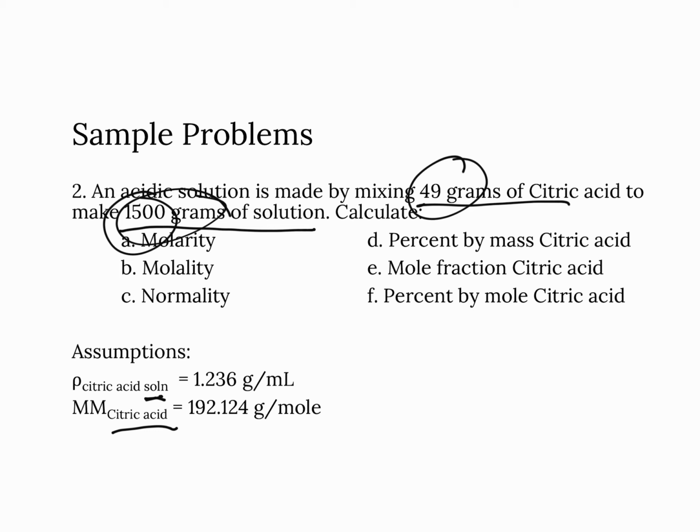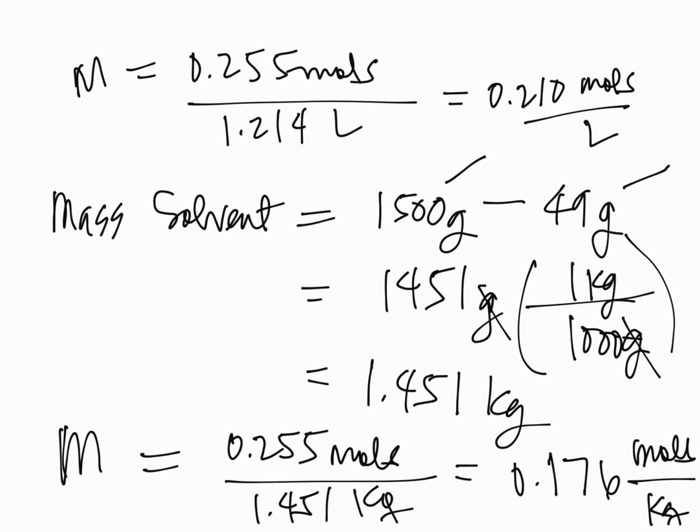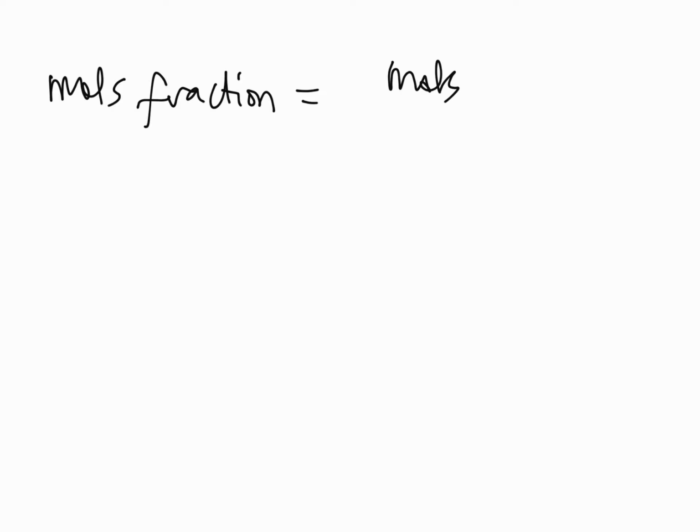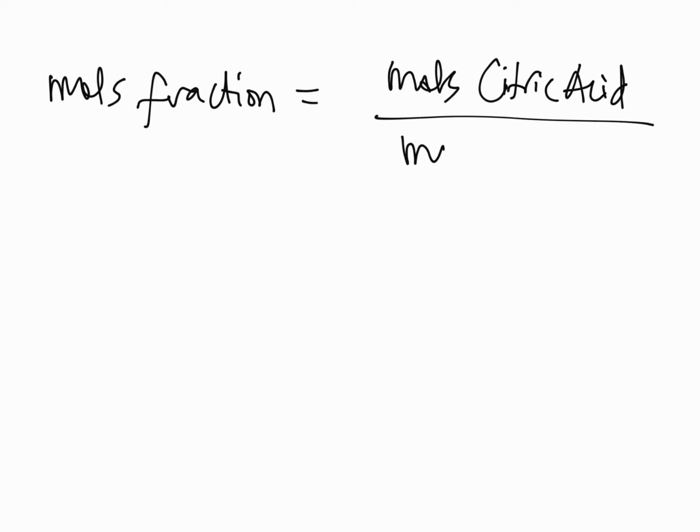Next question: mole fraction of the citric acid, then the percent mole of citric acid. For the mole fraction of citric acid, that will be moles of citric acid divided by the moles of the solution. How do you get the moles of the solution? The solution is citric acid plus water, because water is the solvent.